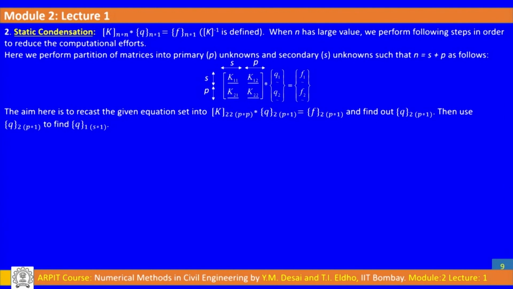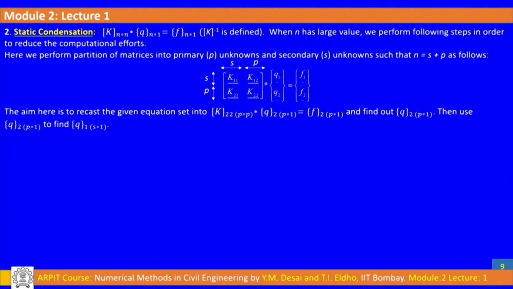So, in order to understand the concept, let us partition the given huge matrix into subparts. So, in the matrix form we have shown here, S is the number of what we call secondary unknowns, P the number of primary unknowns.